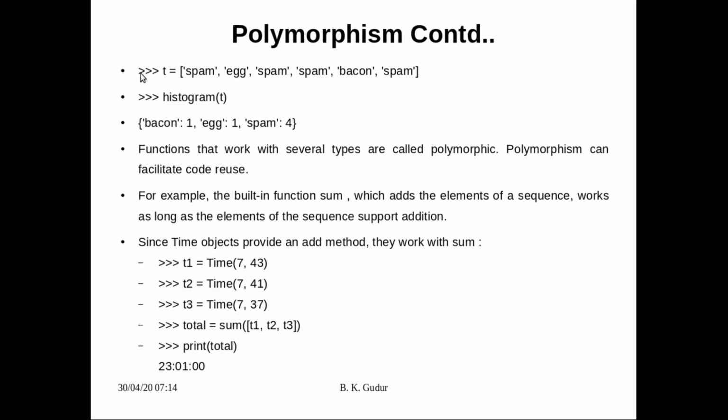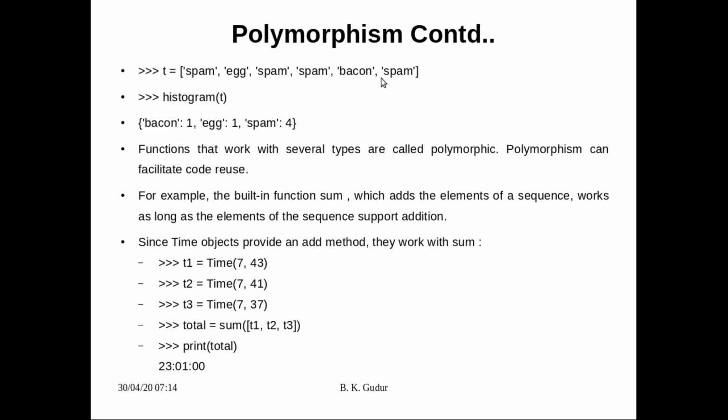Now here if you see, t is equal to ['spam', 'egg', 'spam', 'bacon', 'spam'], which is a list. If we see histogram of t, here you can see how many times spam has appeared, 3 times, egg has appeared 1 time, and bacon has appeared 1 time. Functions that work with several types are called polymorphic.